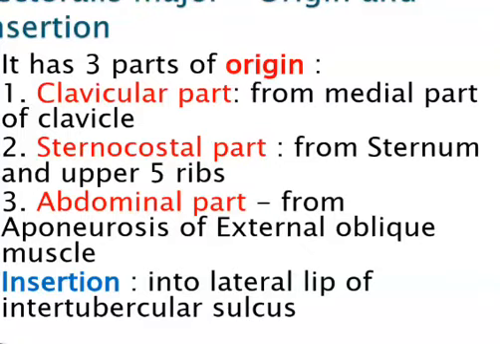The second one is the sternocostal part, which arises from sternum and upper four ribs adjacent to sternum. Then the abdominal part, which arises from aponeurosis of external oblique muscle. The insertion of the pectoralis major muscle is into the lateral lip of intertubercular sulcus.